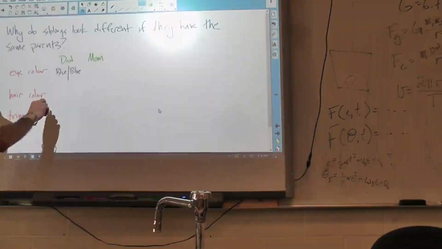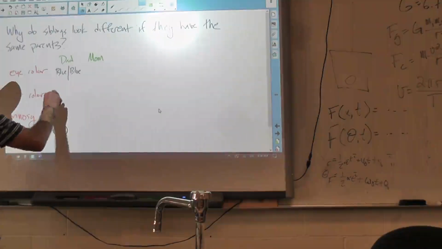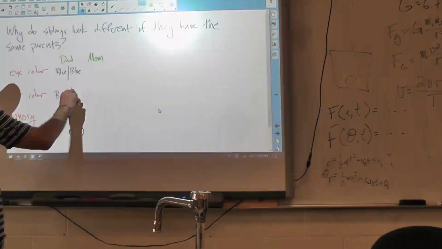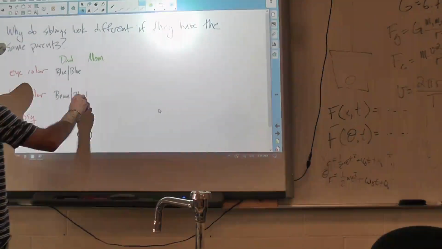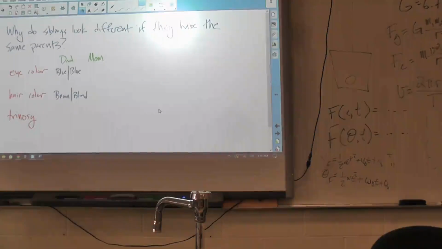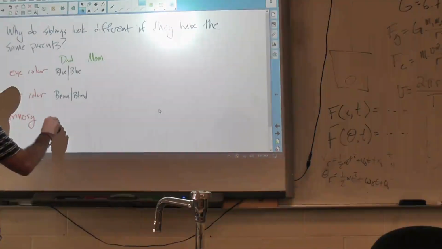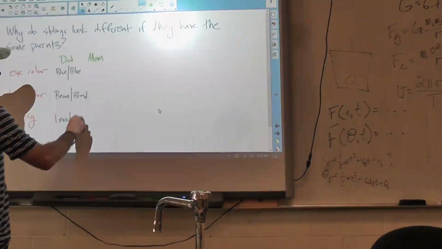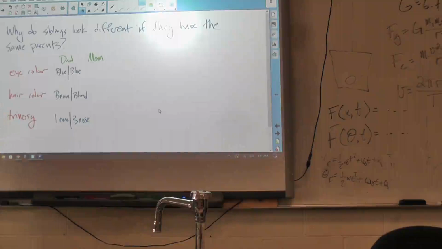We're going to say that for hair color, the dad has 1 brown hair allele and 1 blonde hair allele. And then for the trinosy gene, the dad is going to have 1 nose and 1 3 nose alleles.